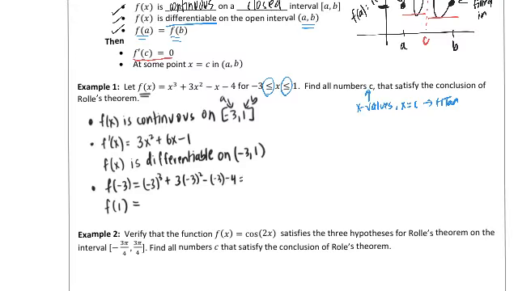And this comes out to be 3 minus 4. The first two are both 27 and negative 27. Those cancel. And so f of negative 3 is negative 1. f of 1 is 1 plus 3 minus 1 minus 4, which also comes out to negative 1. So the y values at the two endpoints are equal, and that's this third condition of Rolle's theorem.